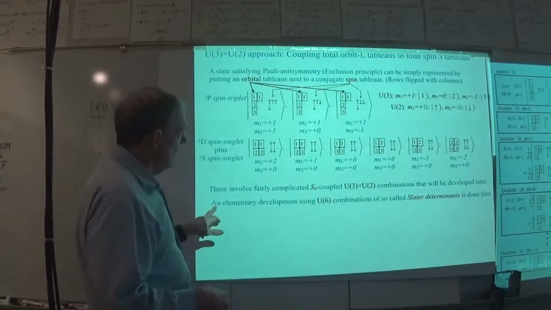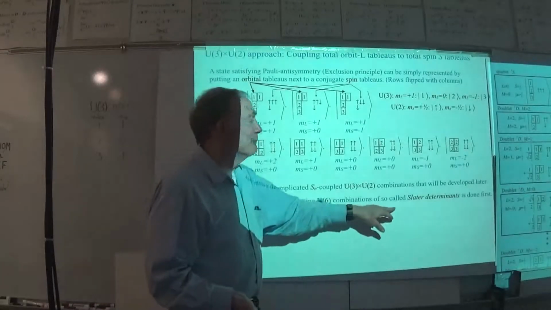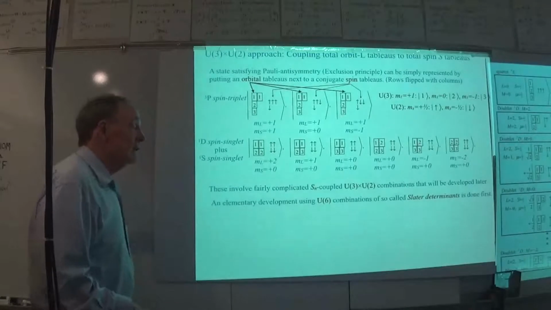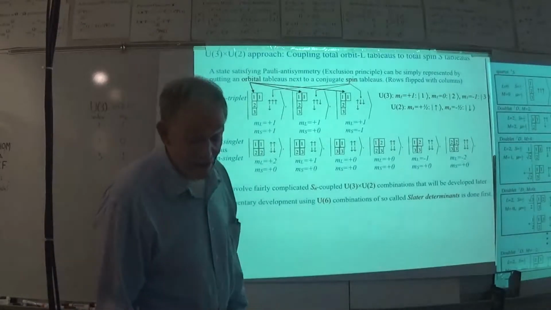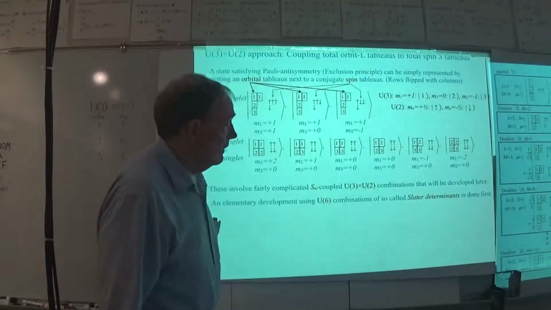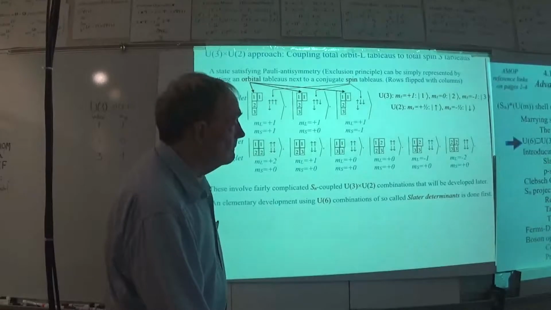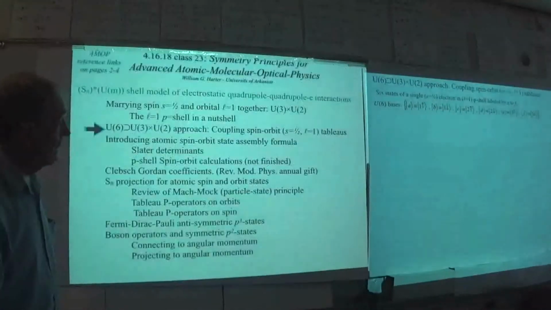So what I want to do now is say, okay, let's let them really get married. So we're talking about, instead of LS coupling, what is usually called JJ coupling in modern physics textbooks. So let's do it. Here's the basic idea right here.